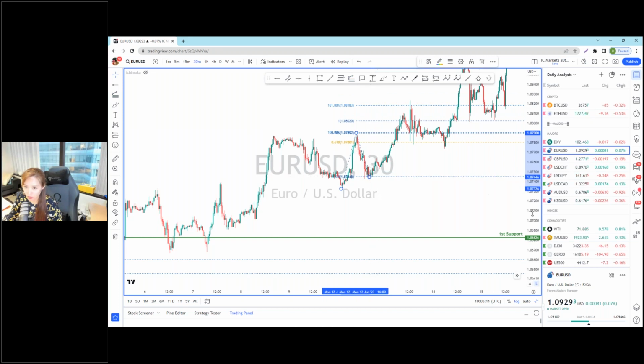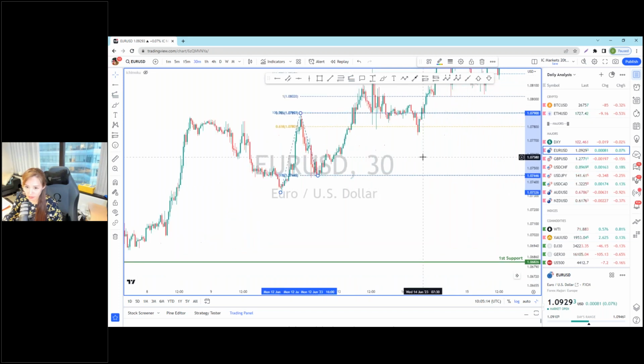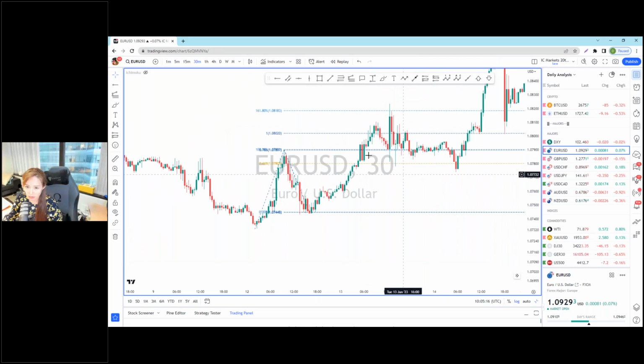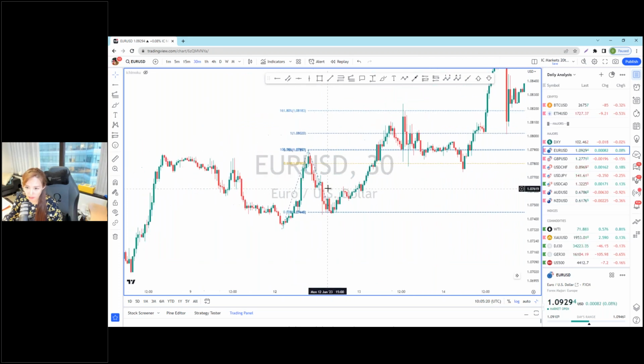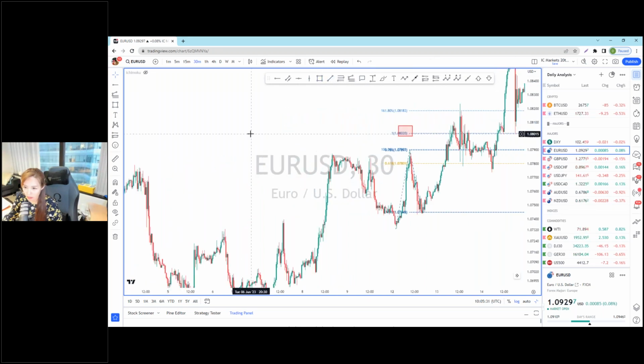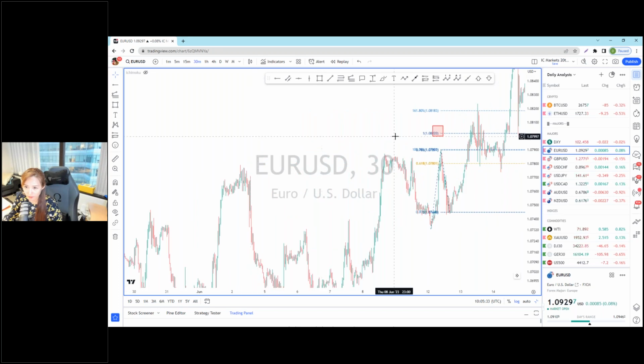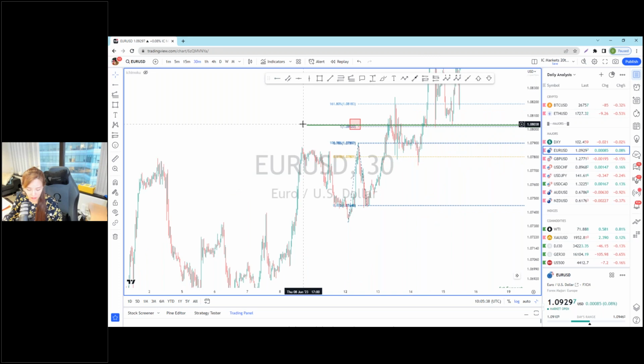If you draw like this, I zoom in for you to see. If you draw here to here, here, then you will see that this is projection 100%, which is at this level here. When you look to your left, there is no level at all.